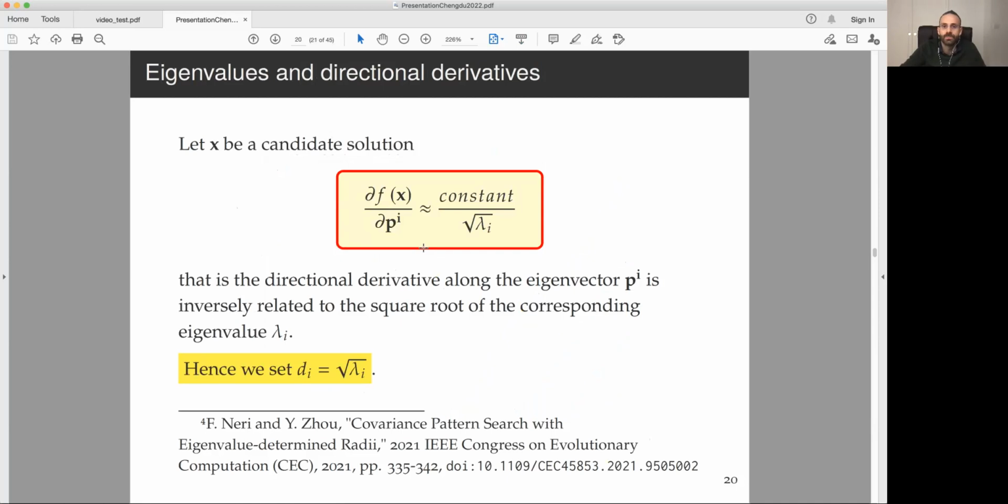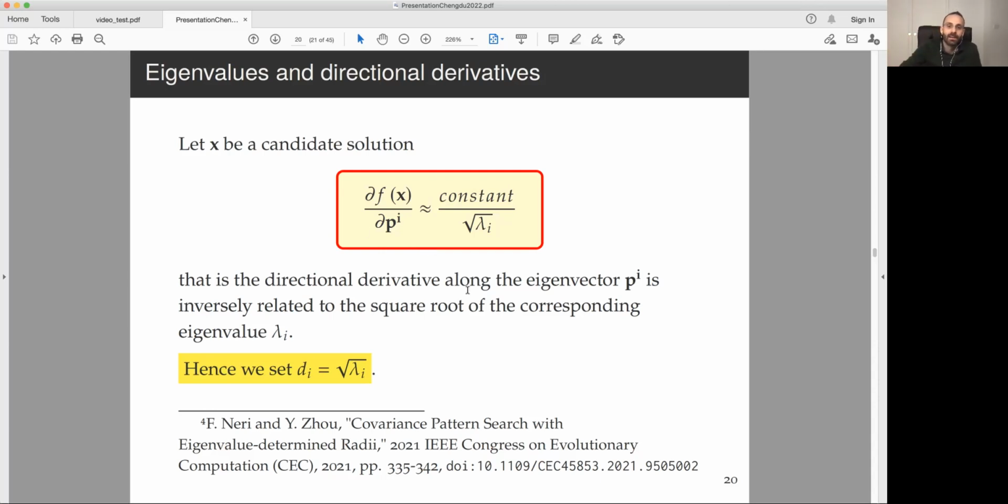So what do we do? For that reason, we multiply the step size by the square root of lambda i. So this somehow explains why it is lambda i, but not completely why the square root.